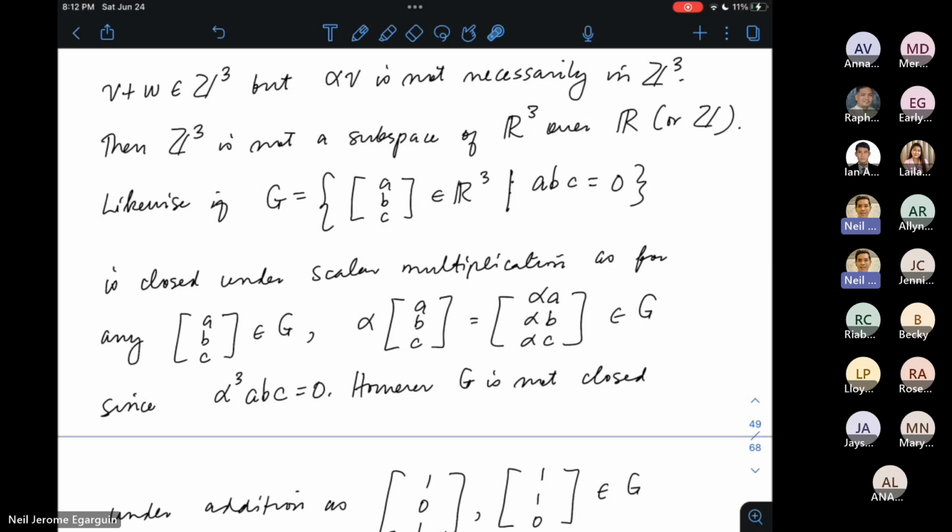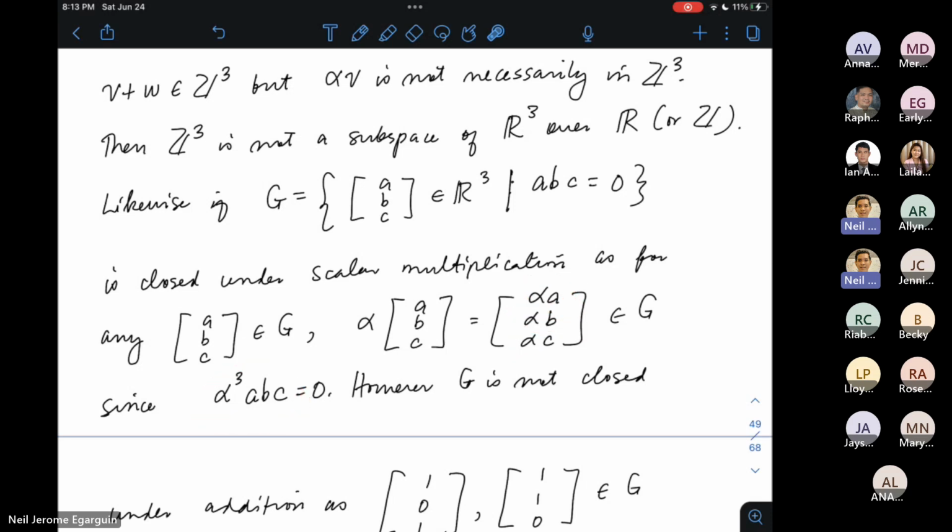So mag-multiply ako ng scalar alpha kay vector ABC, right? And this is just component-wise scalar multiplication. So alpha A, alpha B, alpha C. Alam kong element pa rin siya ni G kasi pag pinag-multiply ko yung alpha A times alpha B times alpha C, ang sagot ay alpha cubed ABC.